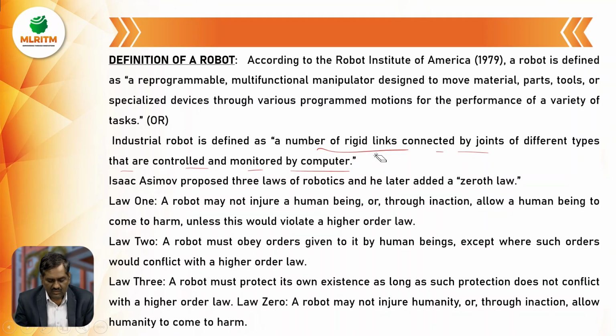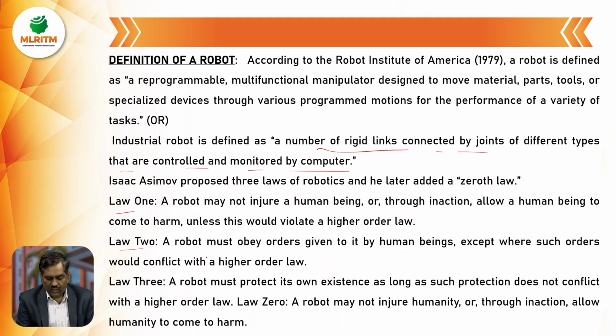The scientist Isaac Asimov proposed three laws of robotics, and later added a zeroth law. Law 1: a robot may not injure a human being or, through inaction, allow a human being to come to harm, unless this would violate a higher order law.